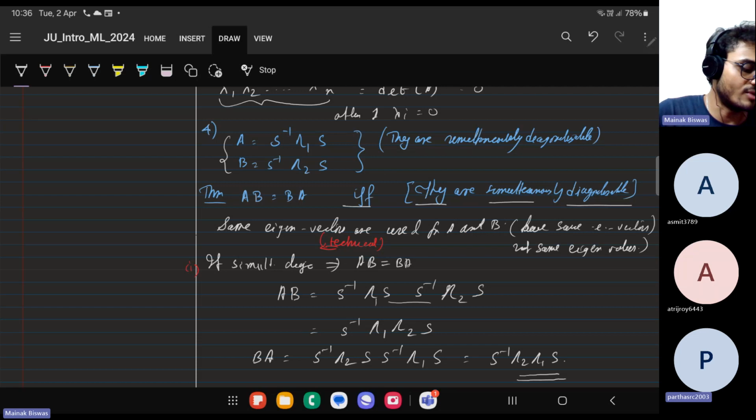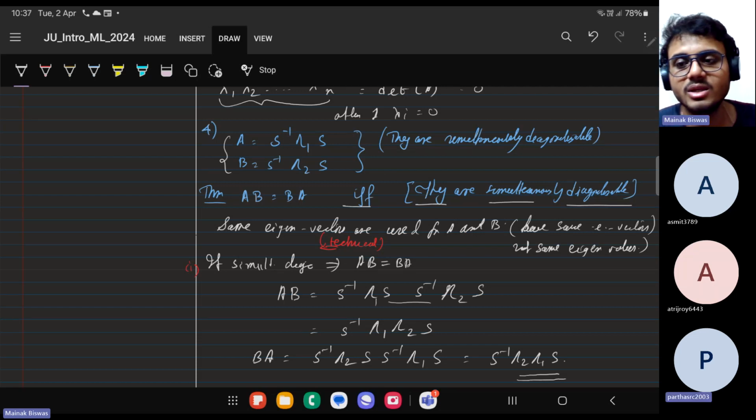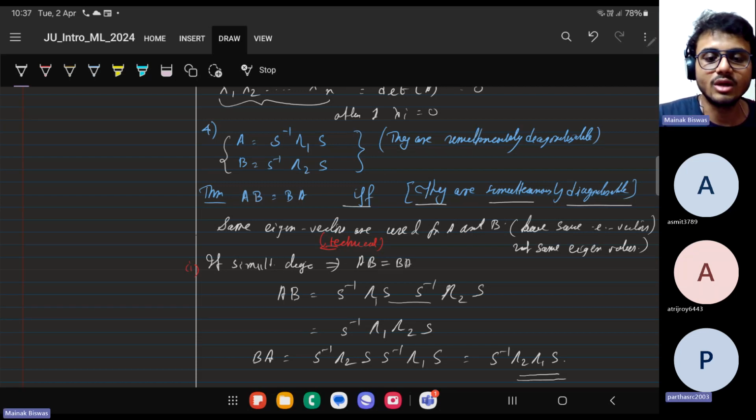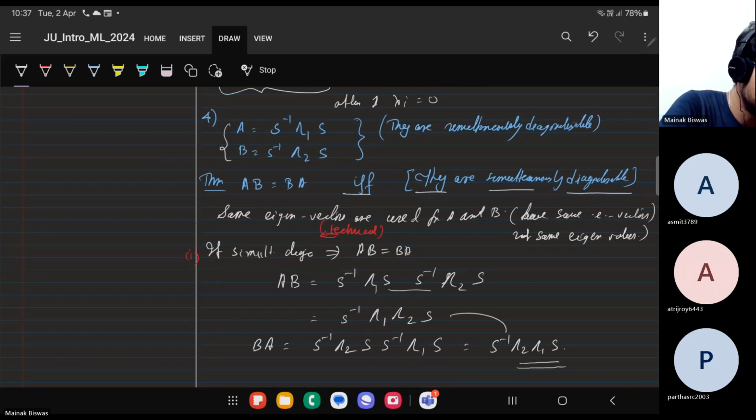If it is clear now, tell me why they are equal. You have already told me the answer. Otrich, tell me if you are following. I was trying to figure out why lambda 1 lambda 2 equals lambda 2 lambda 1.